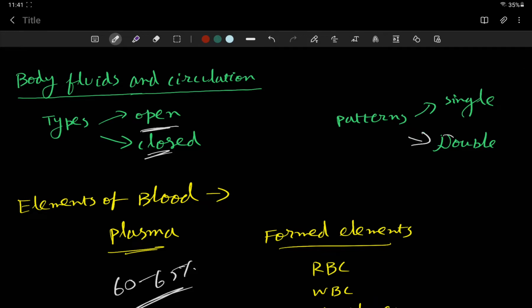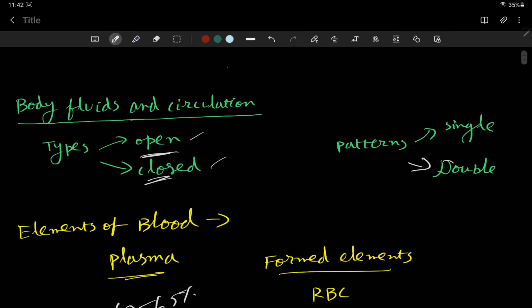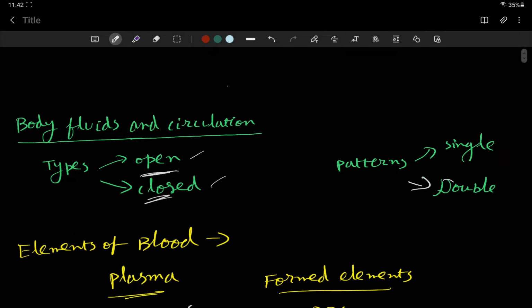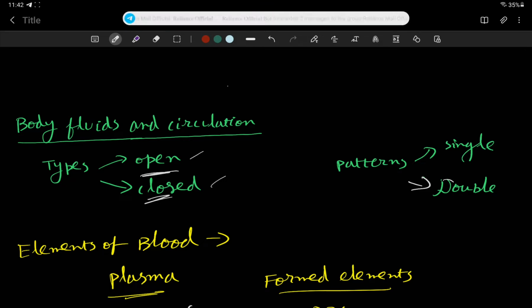So let's see, there are two kinds of circulation going on in the bodies of organisms. The first one is open circulation and the next one is closed circulation. What is the difference between the two? In the first type, there are no arteries, veins or any kind of blood vessels carrying the blood or body fluid.